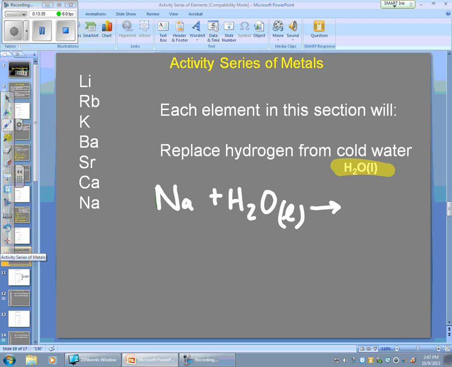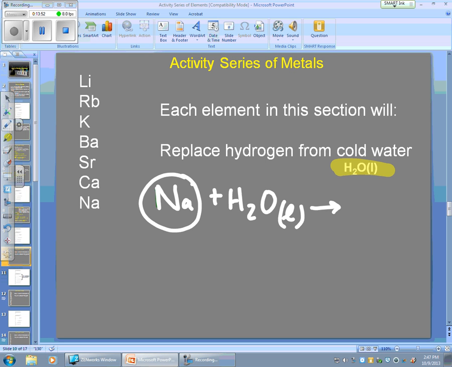Will this reaction happen? So you find this single element on your activity series, and you see if it is within this category of elements. We see that it is. Sodium does react with cold water.